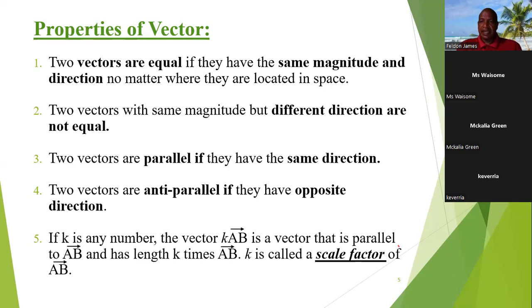The length of a vector can be multiplied by some number K, which is a scale factor. The scale factor K has the same effect as when you're doing enlargement. So that's why we use the same K for vectors.